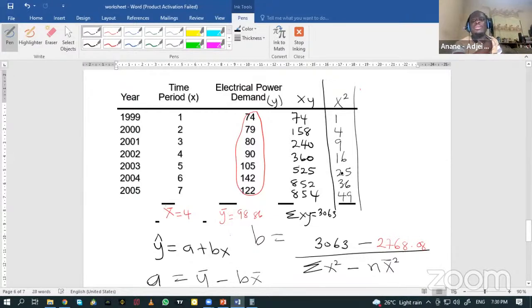So the sum of x squared is equal to 140. So we can replace all this side with 140. Then n, we know n to be the number of periods, and we are saying number of periods is what?